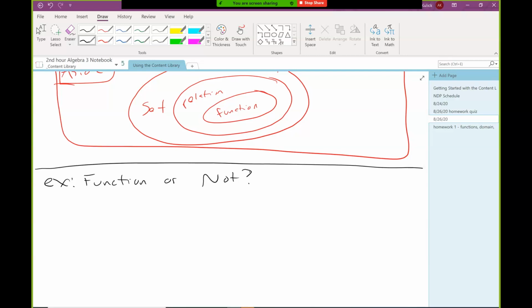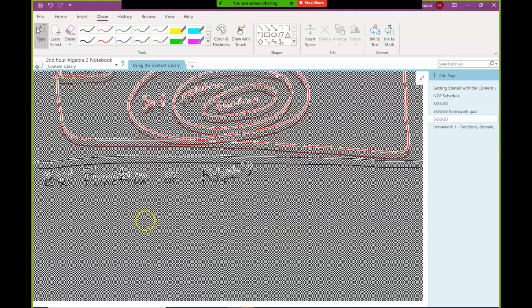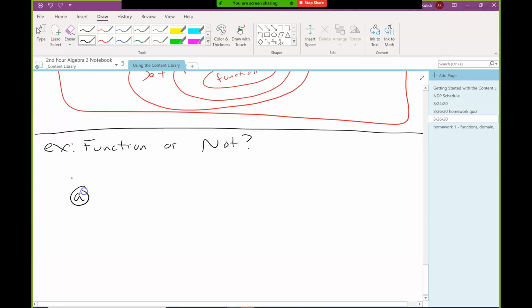Sound good? This is an important skill and something you'll absolutely do in the homework, and it would be a testable or quizzable skill, telling if something's a function or not. So these are good examples to pay attention to and participate with. And we'll do a bunch of them so that you get a lot of opportunity to do that.